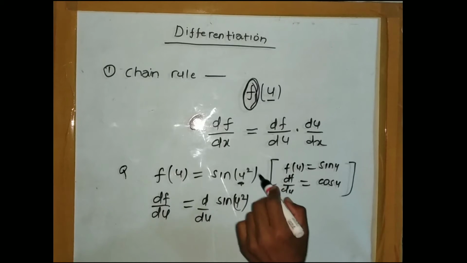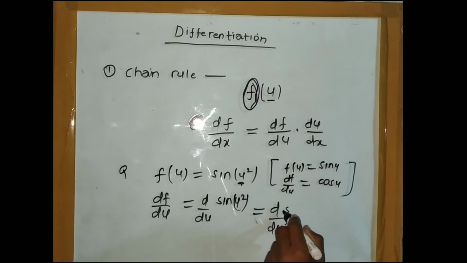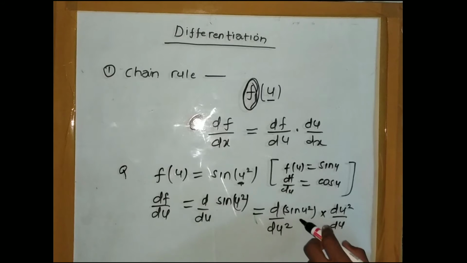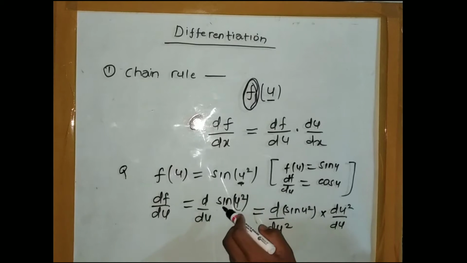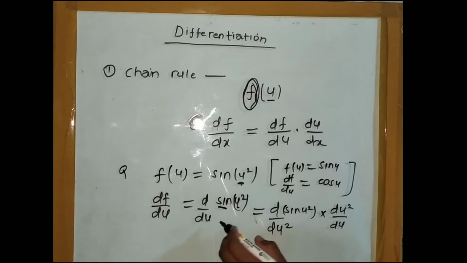So we first find del by del u square of sine u square, into del u square by del u. Means here we first find the derivative of the sine function and then the derivative of the u square function, because del u square cancels and the expression becomes d sine u square by du.